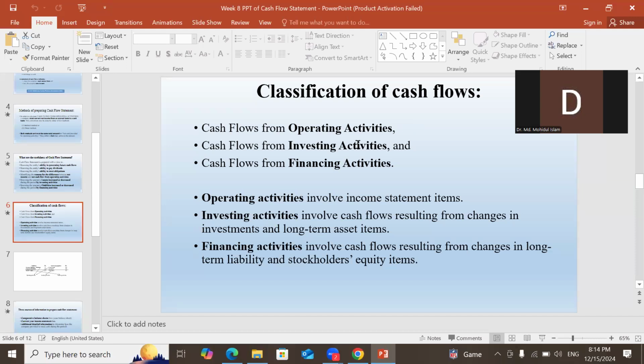And investing means you invest by purchasing fixed assets or investing in any other project. Finally, financing is related to how you manage your cash and capital in your organization. This capital is managed by issuing shares, common shares, preference shares, bonds, bonus shares, right shares, like this.